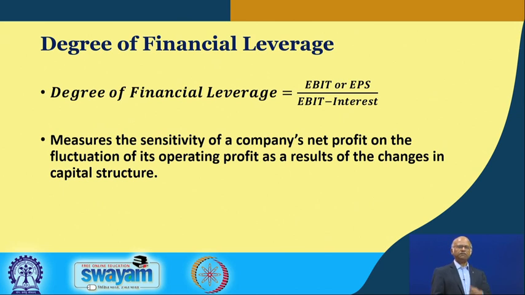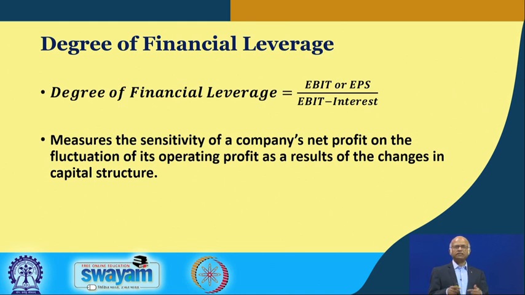Financial leverage is defined as EBIT or EPS, earning per share, or net profit, profit after tax, divided by EBIT minus interest, which is profit before tax. EBIT is earning before interest and tax, so you just deduct interest, it is profit before tax.